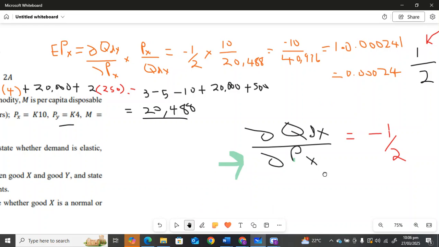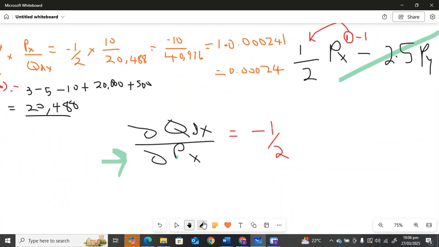And this value, we compare it with 1. So since our value is less than 1, what can we say about the demand?